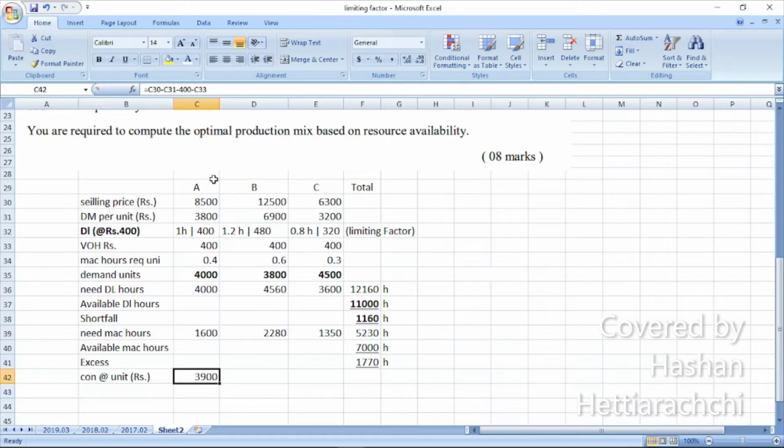So in product A, 8,500 minus 3,800 minus 400 minus 400, it is 3,900.